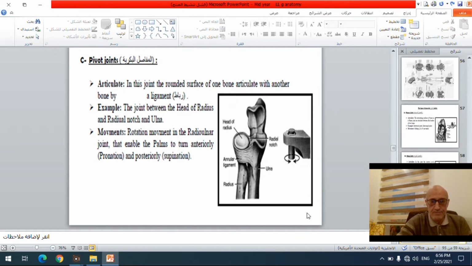The pivot joint. This is the pivot mechanically. Articulation of the joint, the round surface of one bone articulates with another by a ligament. This is the ligament, head of the radius, articulating with the radial notch of the ulna.